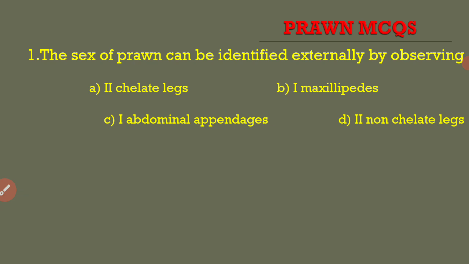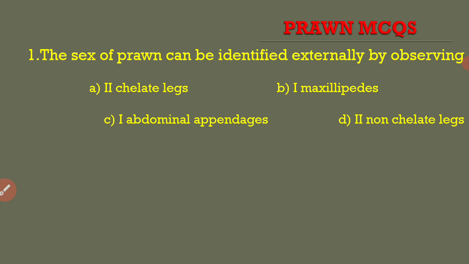We know that these prawns are dioecious organisms. Male and female organisms are found separately. So, with the help of some external characteristics, we can identify whether this is a male or female organism.